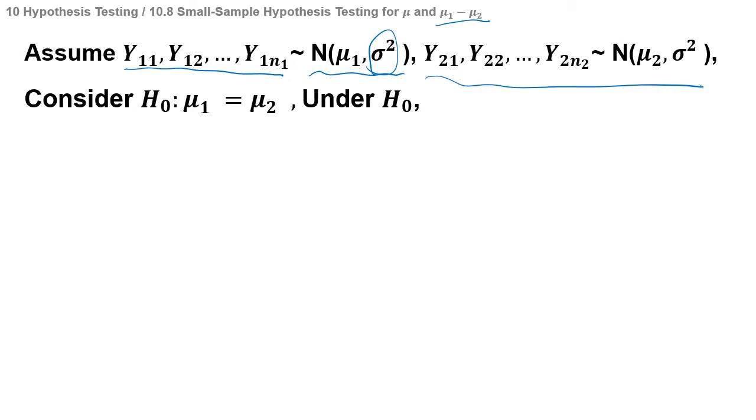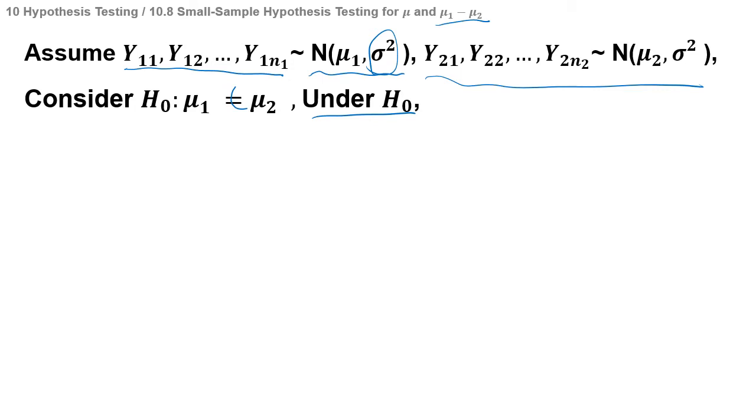Let's consider the hypothesis. The null hypothesis is mu1 is equal to mu2, and the alternative would be mu1 is greater than mu2, or mu1 is less than mu2, or sometimes mu1 is not equal to mu2. What would be the test statistic for this case?